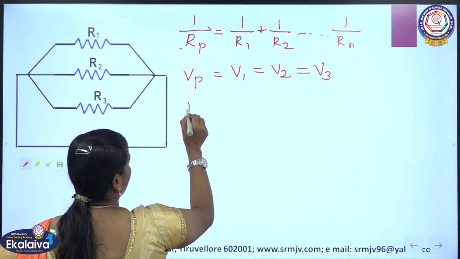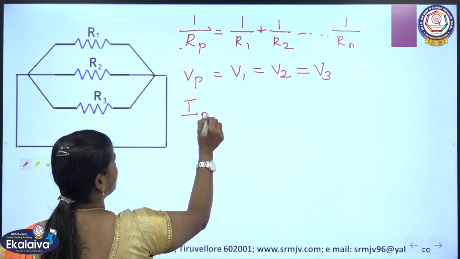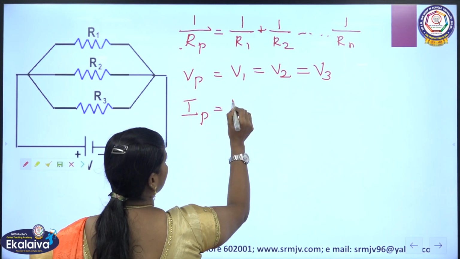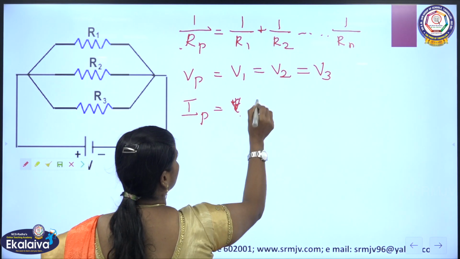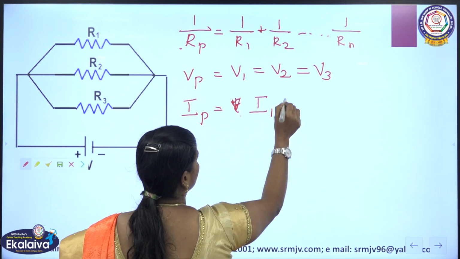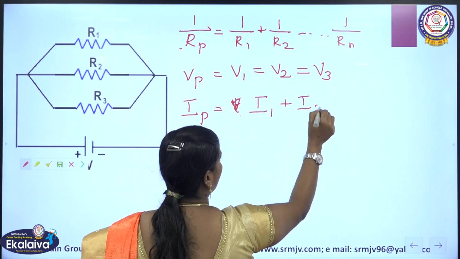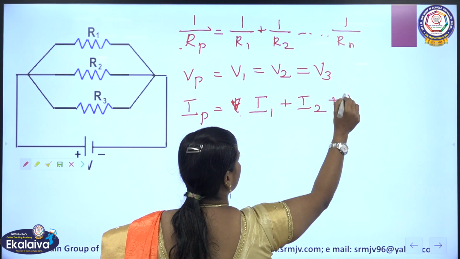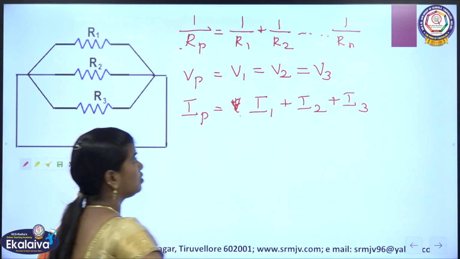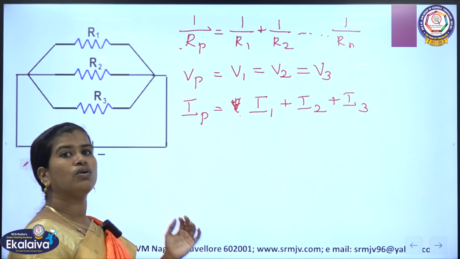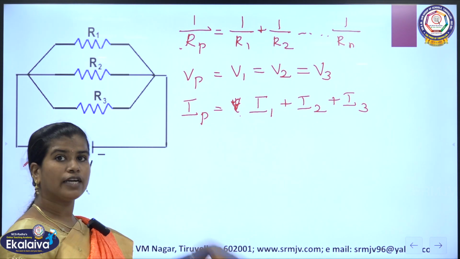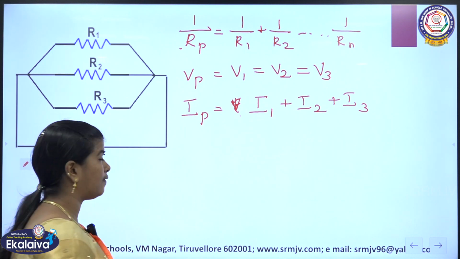In case of current, the current will differ, that is I1 plus I2 plus I3, because the current gets different paths. So the amount of current flowing through each also will differ.